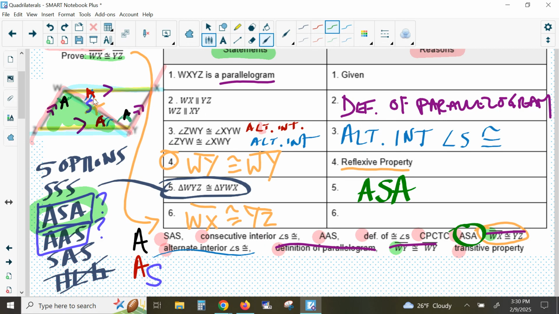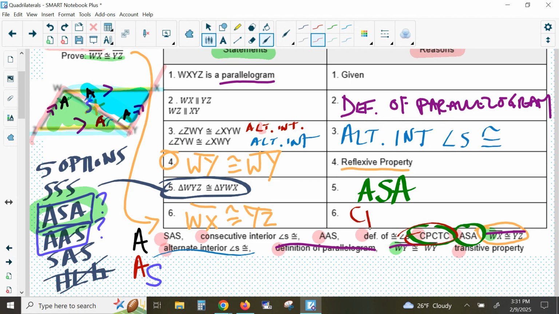Okay, the last piece was this top yellow and this bottom yellow. So if this green triangle is congruent to this blue triangle, then that means all of their corresponding parts are congruent. So since these two triangles are congruent, and we stated it right here, we can now say that all of their parts are congruent. And if you remember, all of the parts congruent, that's this one right here.